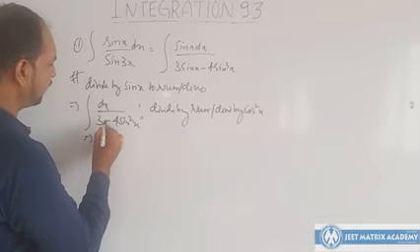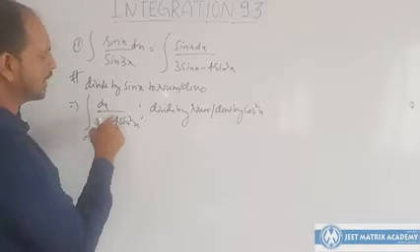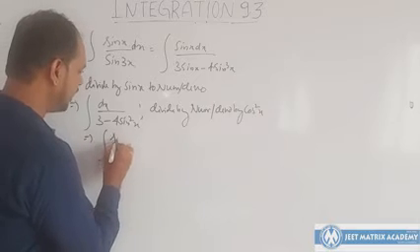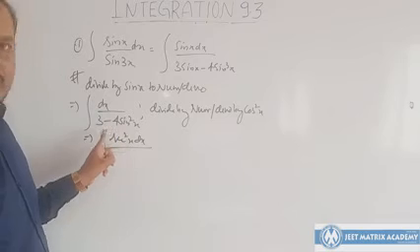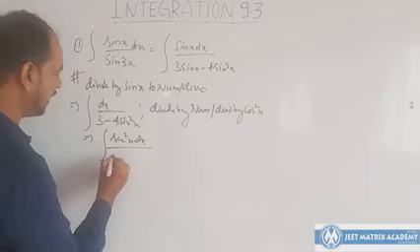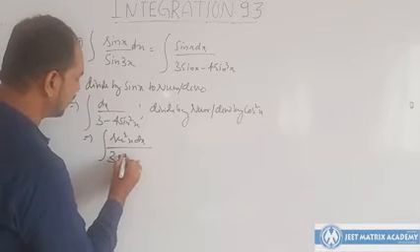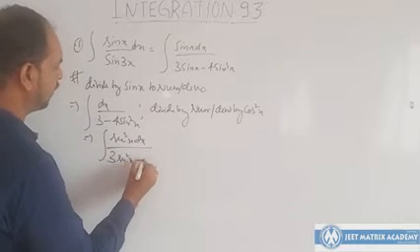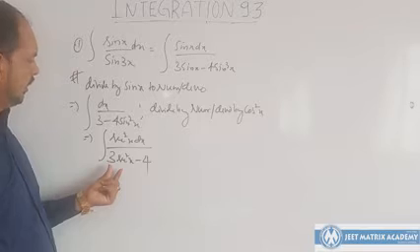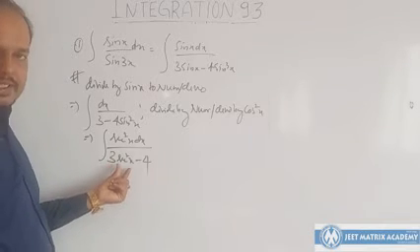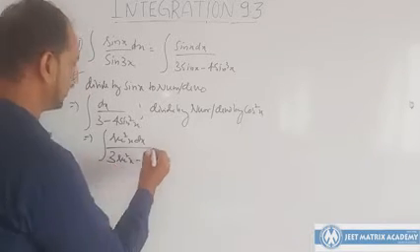So in the numerator, I can write dx by cos square x as sec square x dx. Here 3 by cos square x, I can write as 3 sec square x minus 4. Am I right? Okay. Now replace sec square x by 1 plus tan square x.